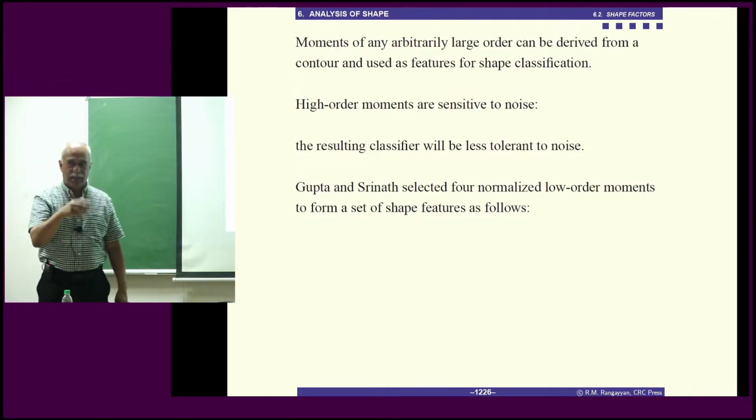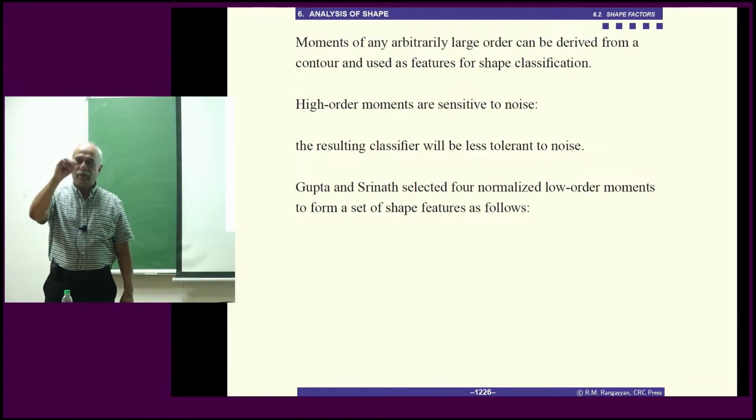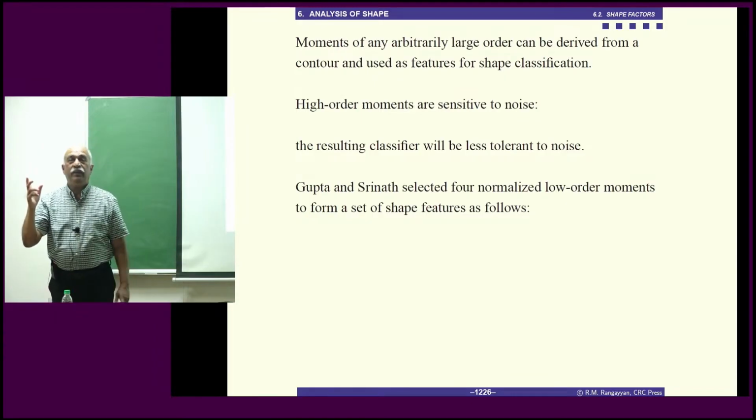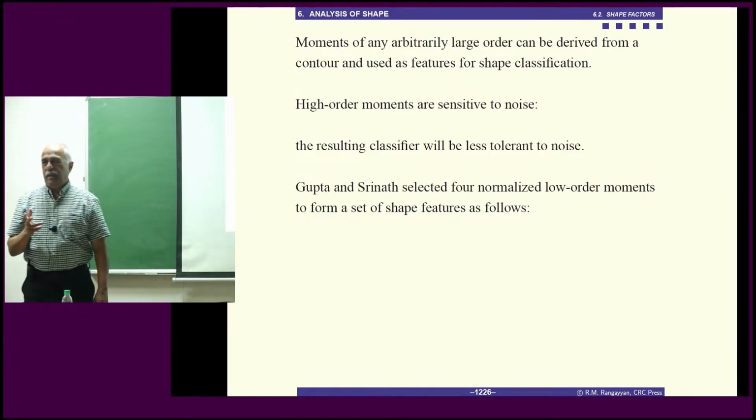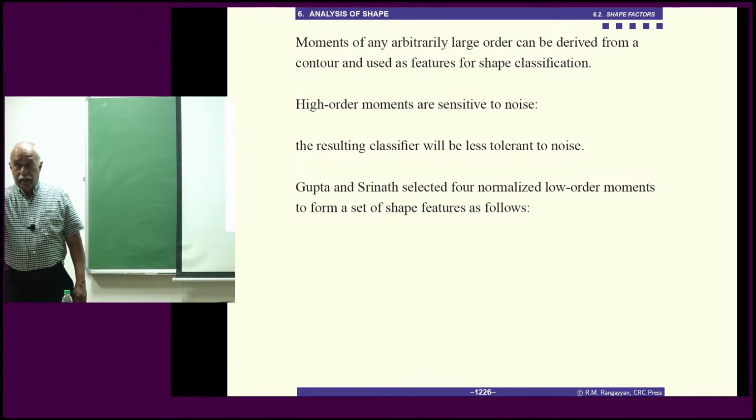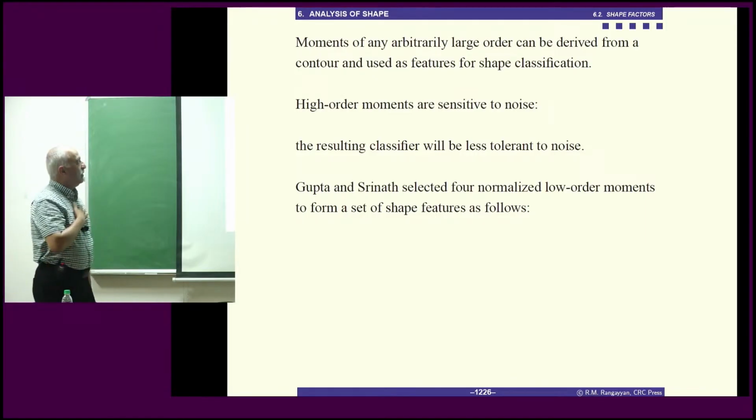When you perform segmentation or you try to draw a contour, there'll be some small tremor, especially on high resolution images with pixel size of a few micrometers. Then you need to take care of that, pre-filter, or don't go to moments of very high order.